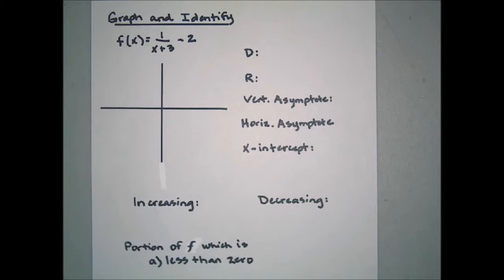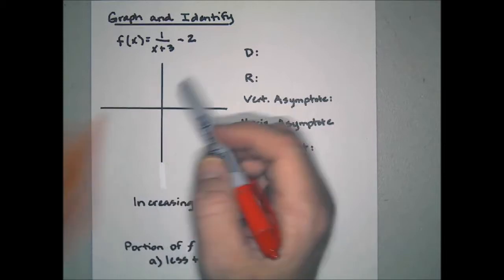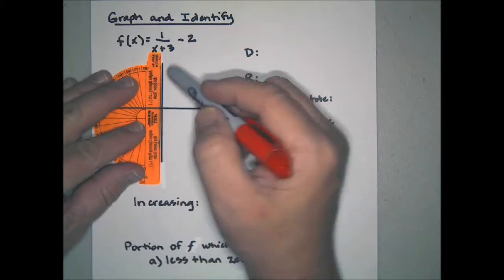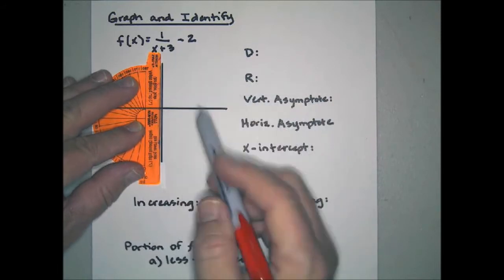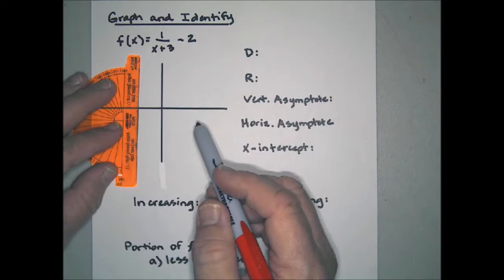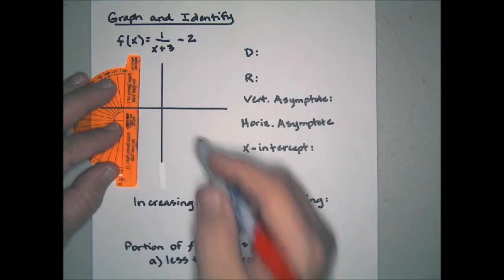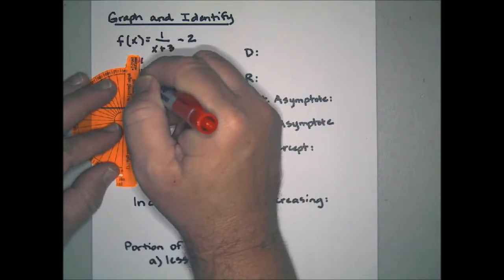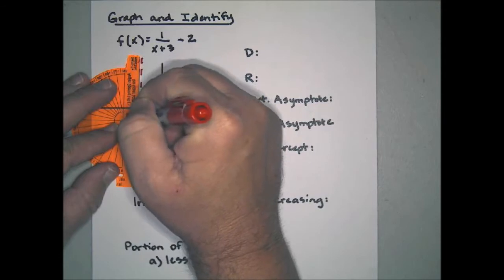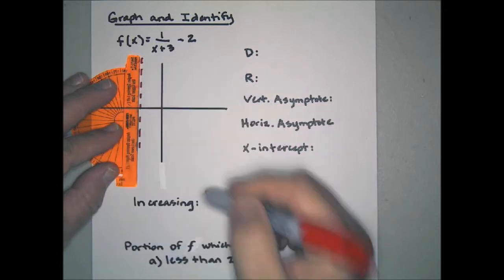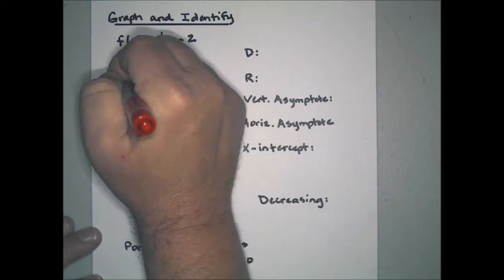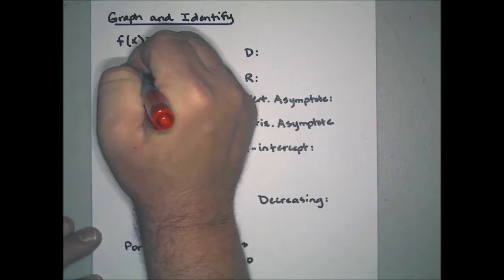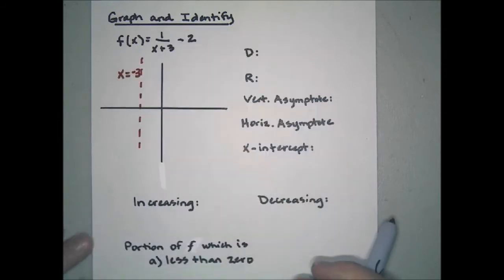So the x plus 3 is an indication that the vertical asymptote, which is normally right here on the y-axis, is going to shift 3 units to the left. So let's shift it 3 units to the left and put that vertical asymptote right here. And let's go ahead and label it x equals -3. There's the vertical asymptote.